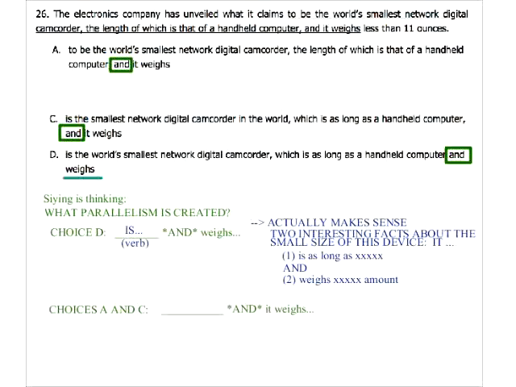So what we have here, in order for this to work, this time this is actually a complete clause, because we have a subject and a verb. We have "it weighs." So to have a parallelism, you need another clause. Where's that clause?